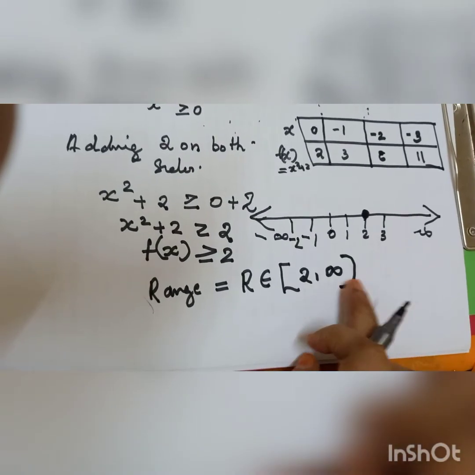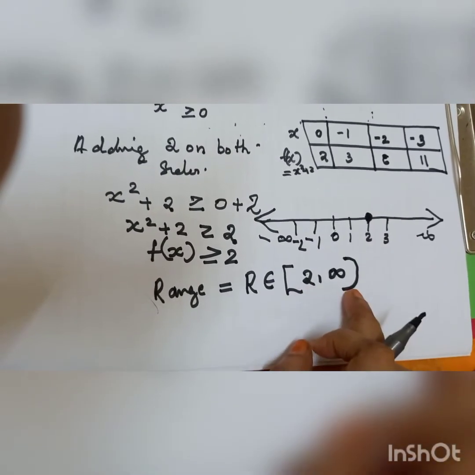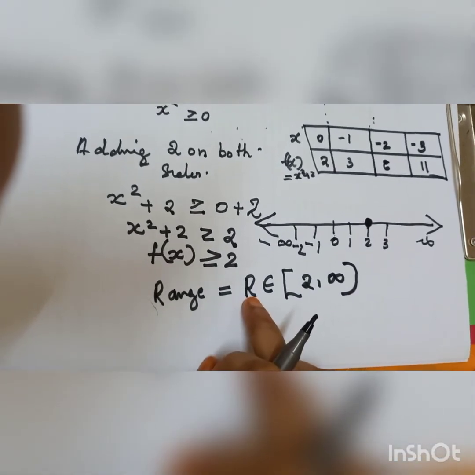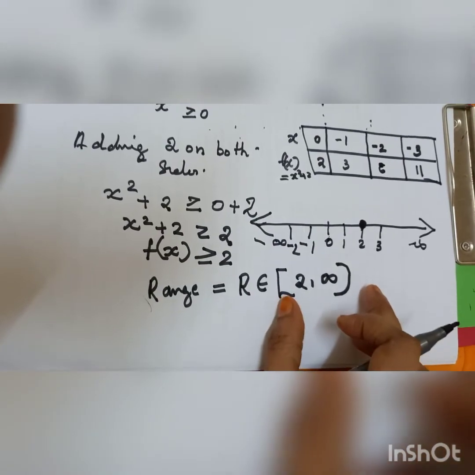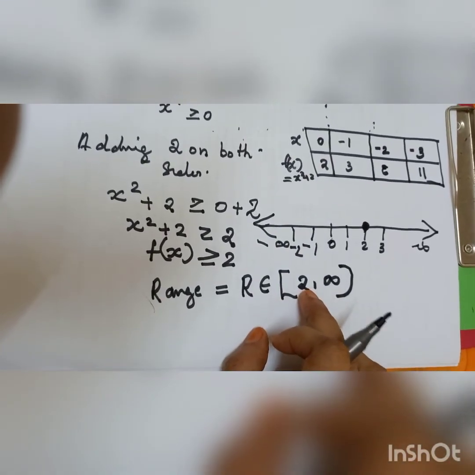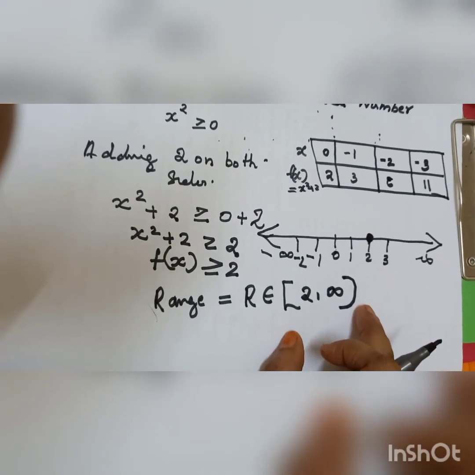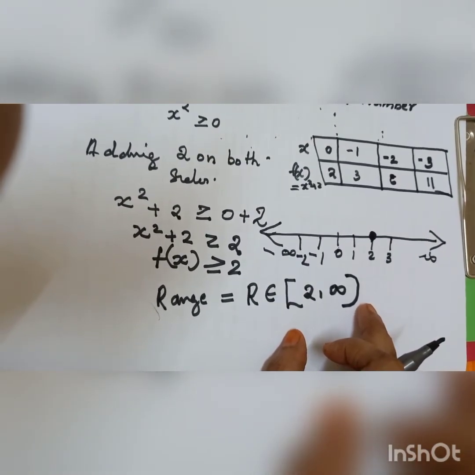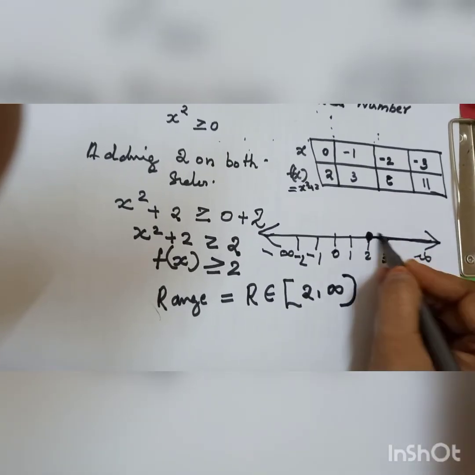So we take all the real numbers from 2 to infinity. Is it clear for you? Any doubt? So this is the number line.